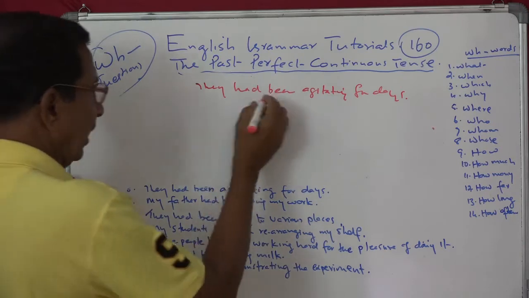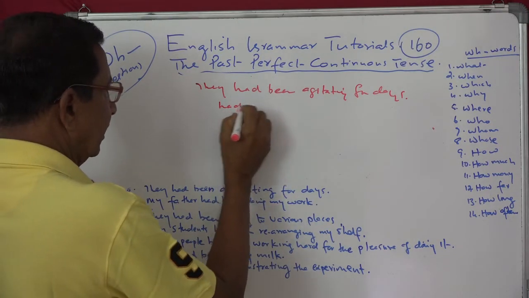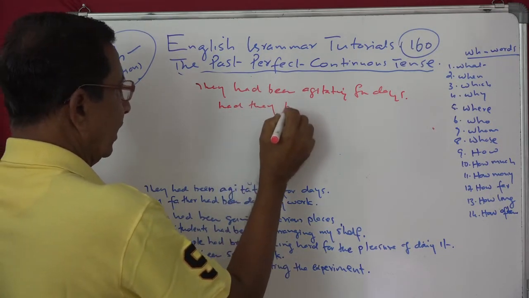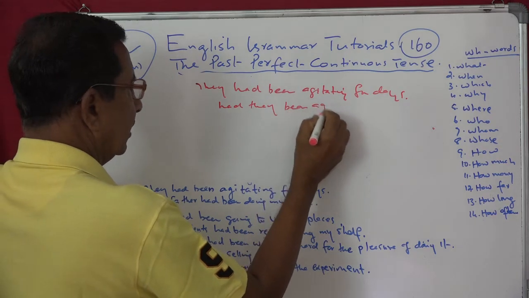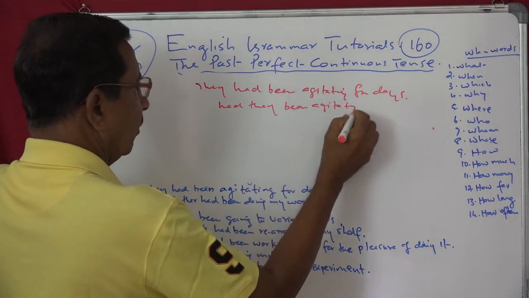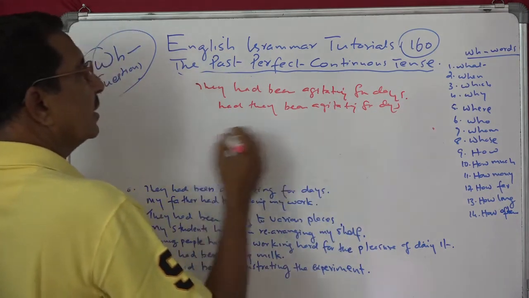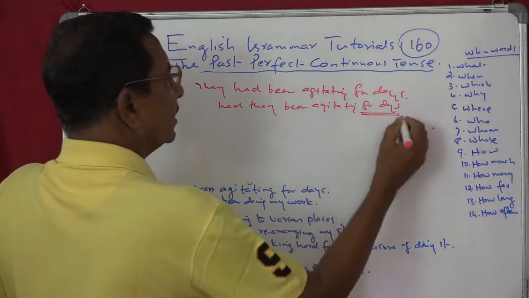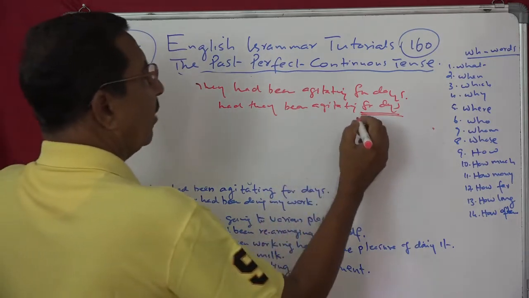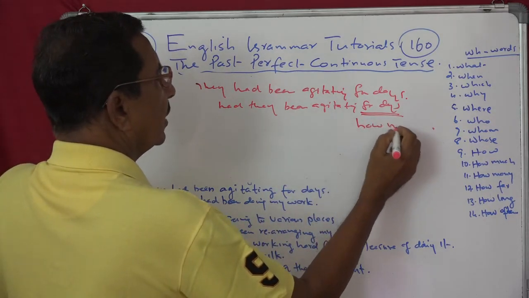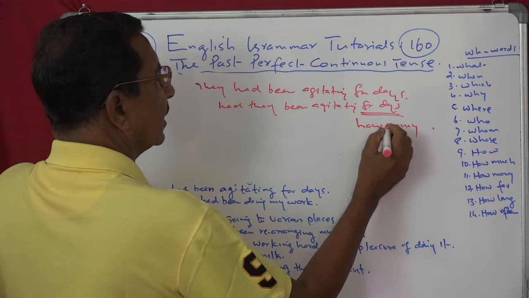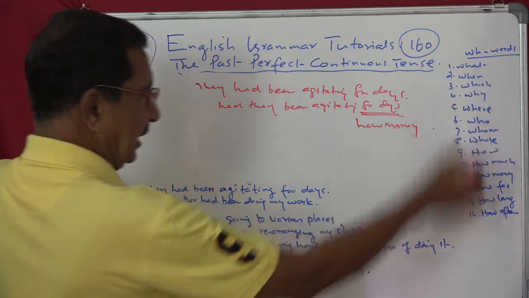Then it will be: had they been agitating for days. Then you have to get this as an answer. You must say how many. How many. So you can take from this list now.